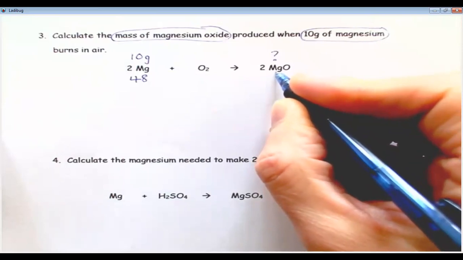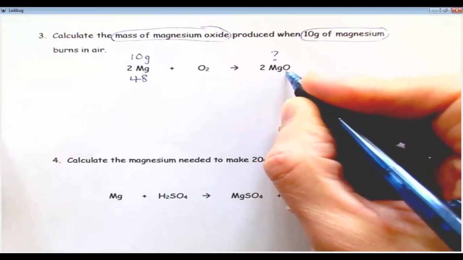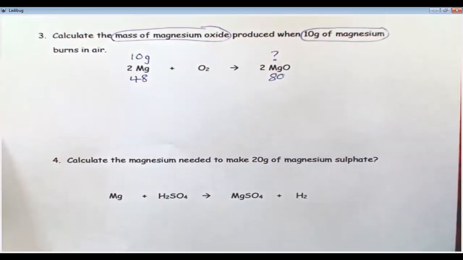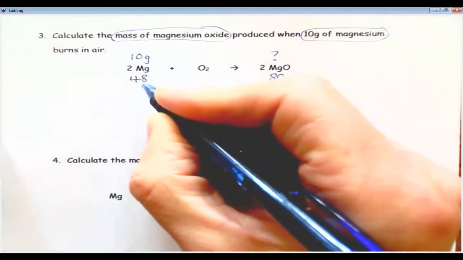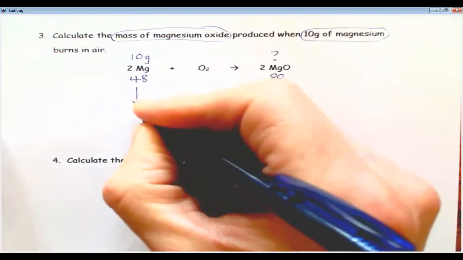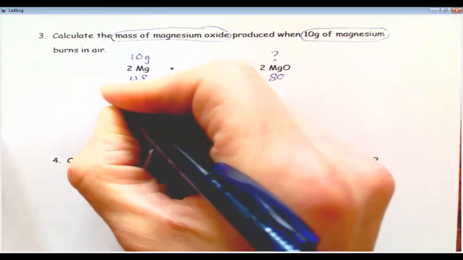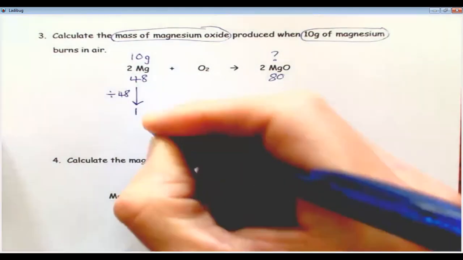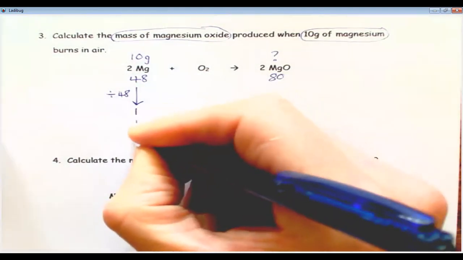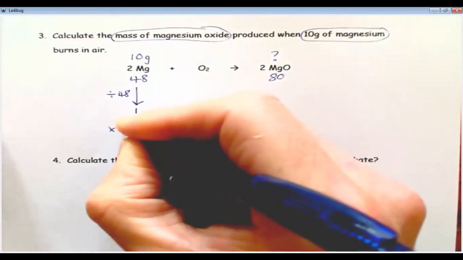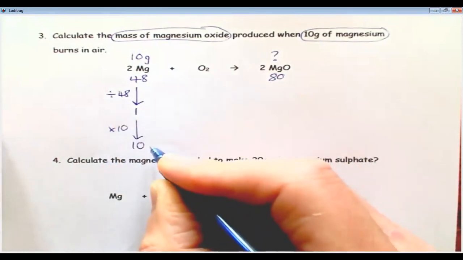So I've got 24 plus 16. It's 40 times 2, that's 80. Now again, I'm going to convert this to 1 by dividing by itself, and then convert it to 10, because that's what's been asked in the question.